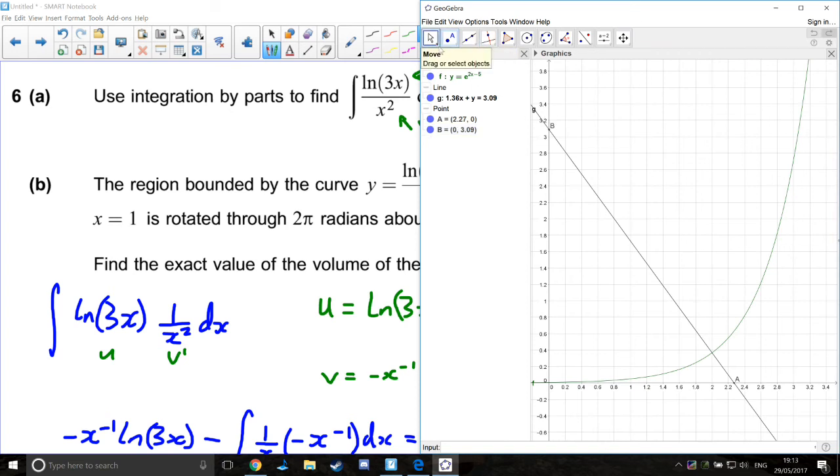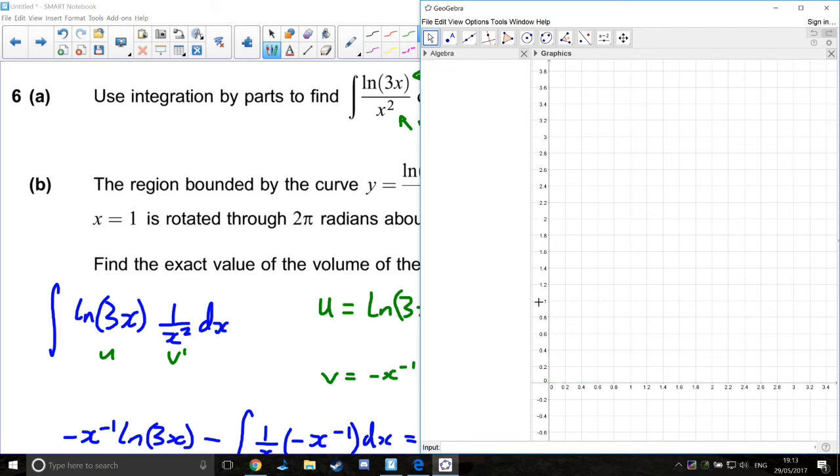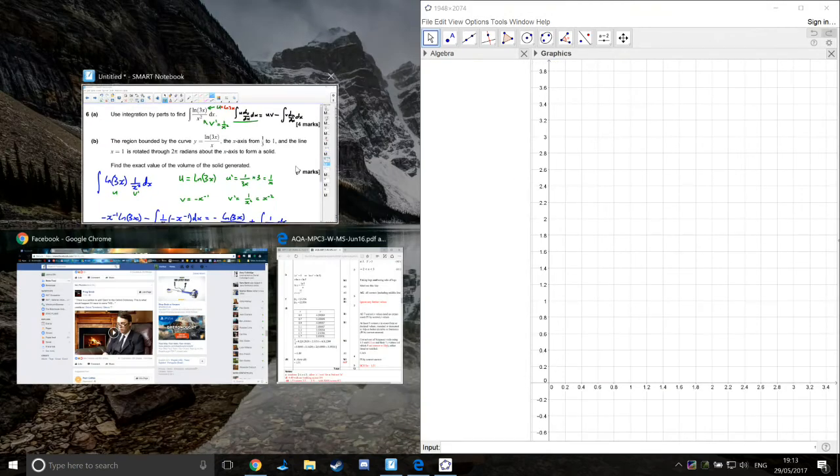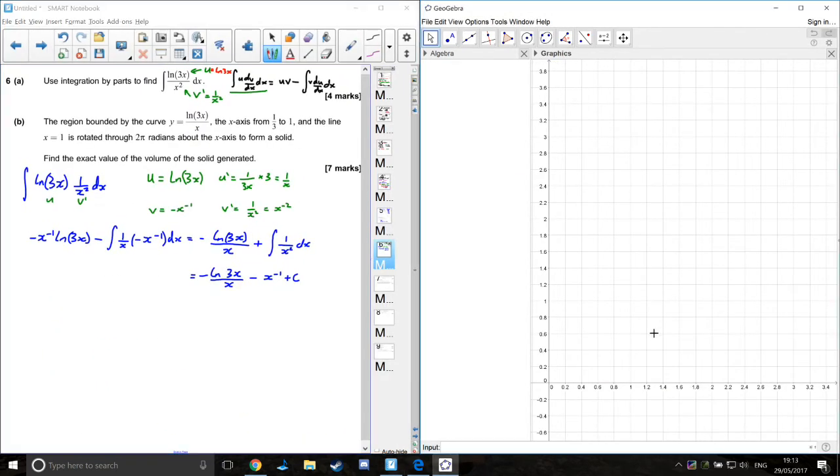So let's delete everything that I had earlier. We have y equals ln 3x over x. Which looks like that. It's rotated about the x-axis from a third to 1, and the line x equals 1.